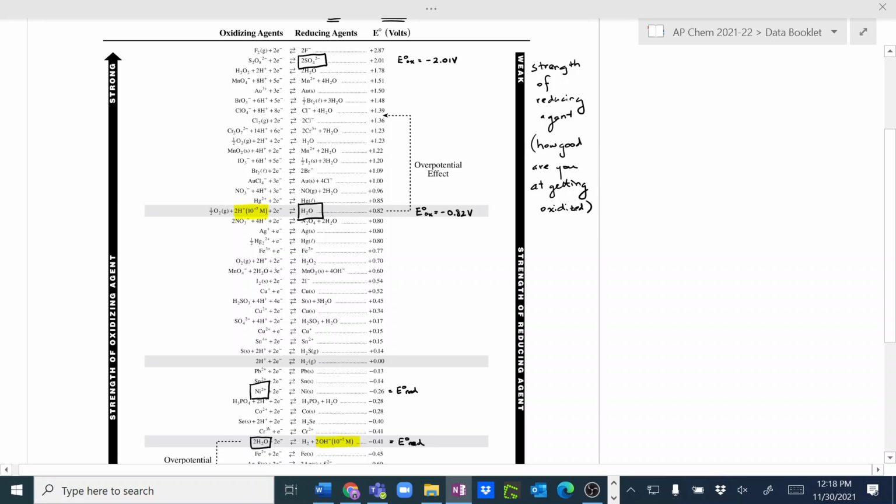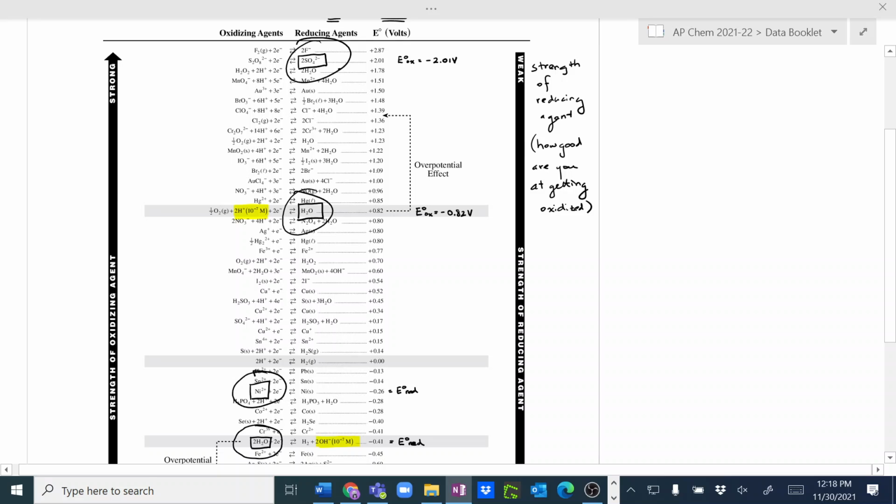So you have a choice as to which hill you're going to climb. Do you want to climb a hill from water up to sulfate? Or would you prefer to climb a hill from nickel up to sulfate? Or would you prefer to climb from nickel up to water? Which one is easier? Nickel to water, that is the easiest hill to climb.